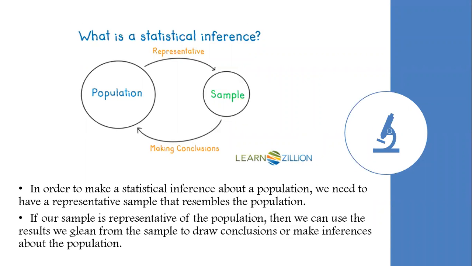In order to make a statistical inference about a population, we need to have a representative sample that resembles the population. If our sample is representative of the population, then we can use the results we glean from the sample to draw conclusions or make inferences about the population.